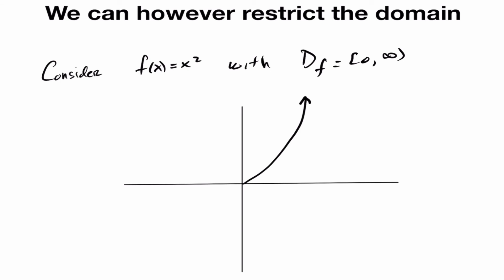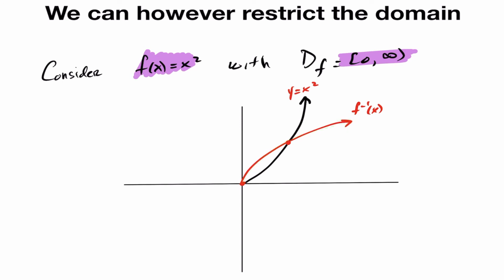In our first example here, we're going to go back to the line y equals x squared, but we're going to restrict the domain of that to go from 0 to infinity. You'll notice that's illustrated in the graph here. We've got our y equals x squared graph, but I started it at 0 and then going off to infinity. So we're ignoring the negative. By doing so, when we calculate our inverse, we get the following. You can see here that calculating f inverse, we do not fail the vertical line test.